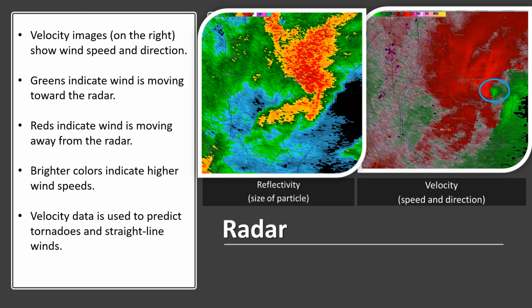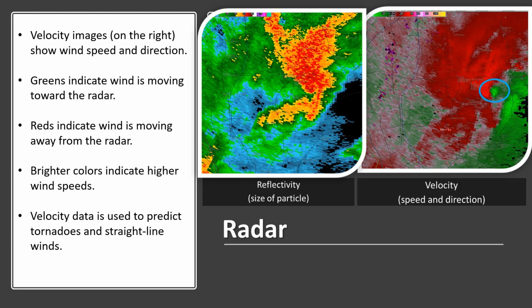In addition to seeing the intensity of rain and thunderstorms with the reflectivity images, we can also see the wind speed and direction by looking at velocity images, like the one pictured on the right. The greens indicate winds moving toward the radar, and reds indicate winds moving away from the radar.